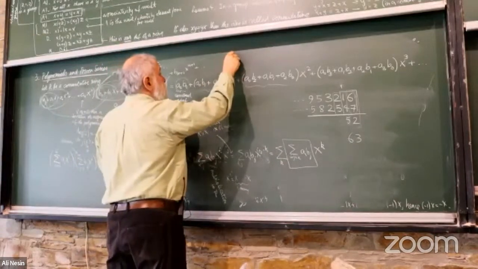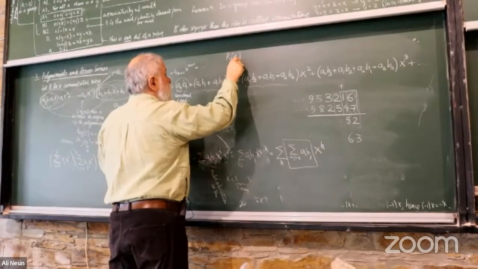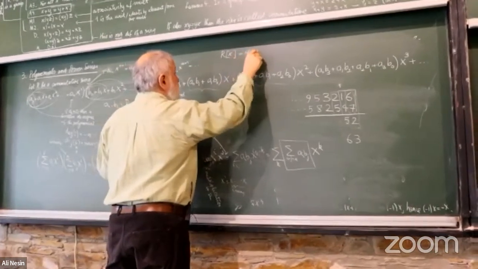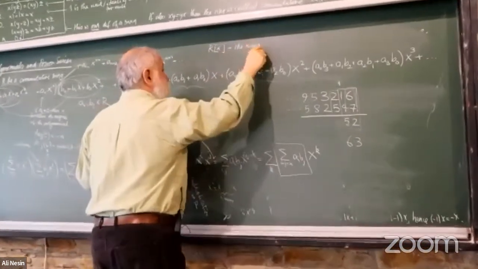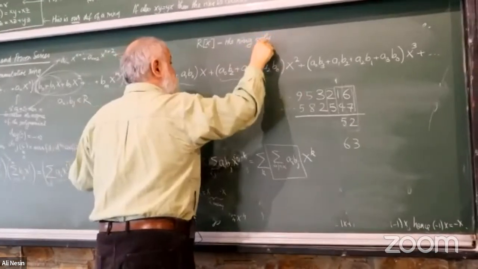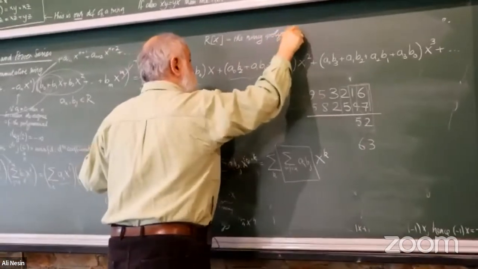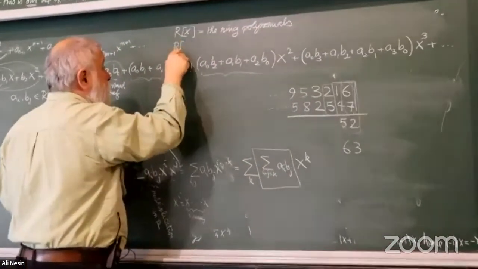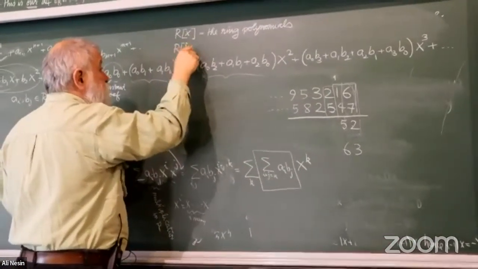This is the ring of polynomials. If you go forever, then it's not like this, it's a double bracket.